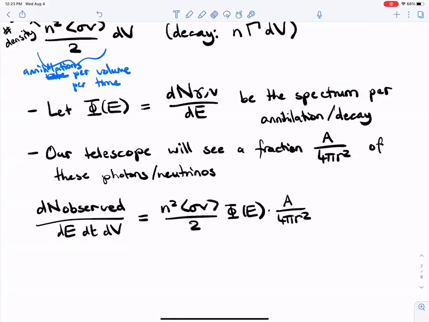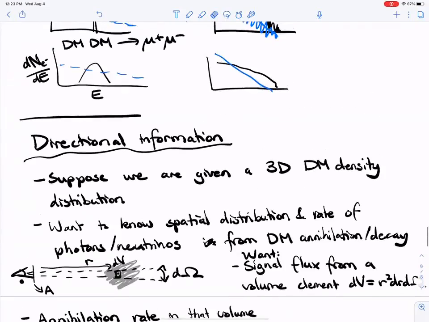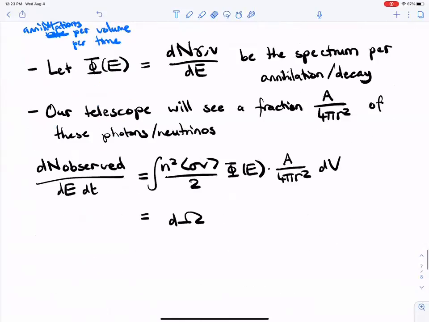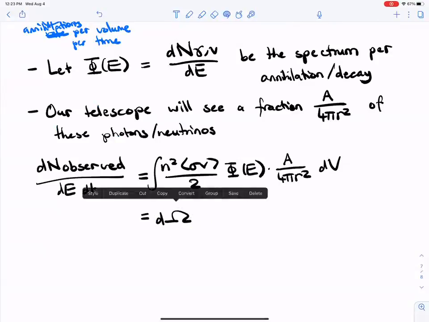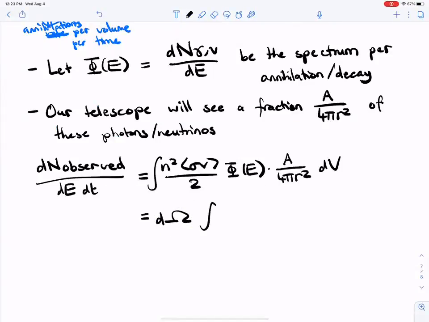And so now we can move this dV to the other side and put an integral over it, to integrate along all the volume elements along the line of sight. I said I was just going to work with this d omega region. So we're going to just have a d omega here. And then this is going to convert into an integral of r squared dr times n squared sigma v over 2 times phi of E times A over 4 pi r squared.